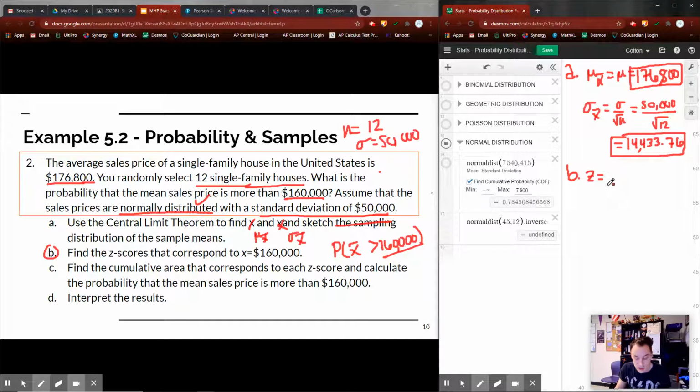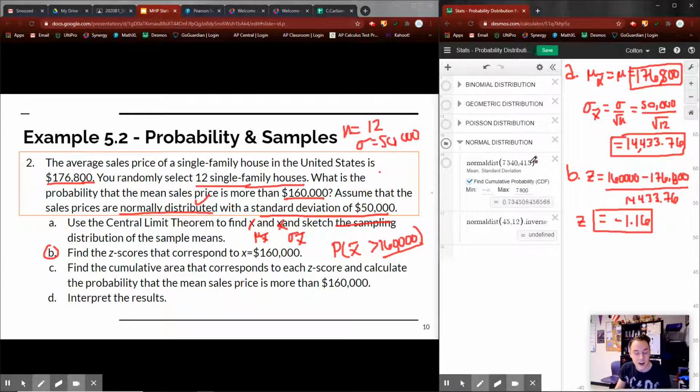So my z-score here is 160,000, that's my data value, minus my population mean or my sample mean, they mean the exact same thing, 176,800, all over what I just found for my standard deviation of the sample, 14,433.76. I know these are big numbers. So what's my z-score? When I plug all that in, I actually just get negative 1.16. Kind of anticlimactic.